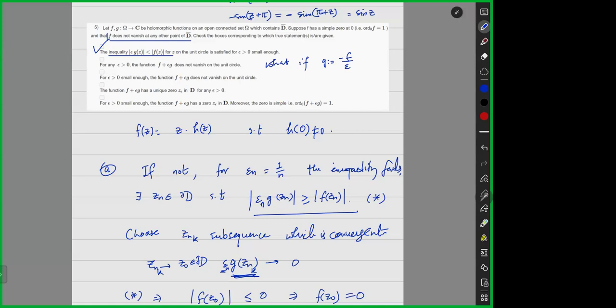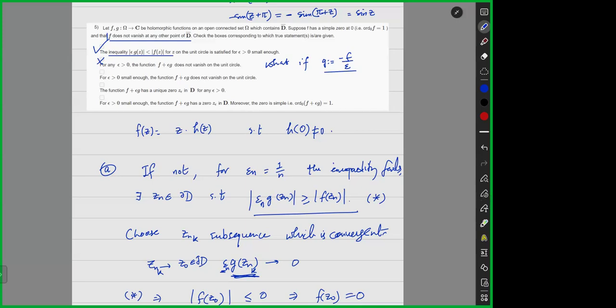Then the function vanishes everywhere in the domain, not only on the unit circle. So this is wrong, because we have not given any condition about g. g is just some holomorphic function. If g is taken this way, the function vanishes everywhere, so how can one say it does not vanish on the unit circle?